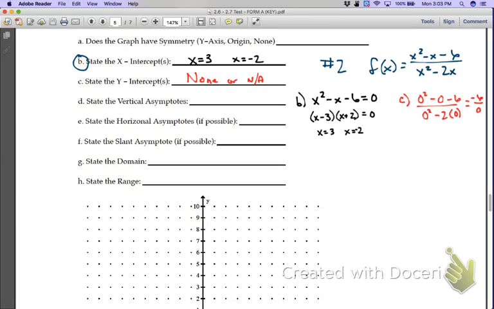Vertical asymptotes, that's going to be x squared minus 2x equal to 0. So what are your two asymptotes?